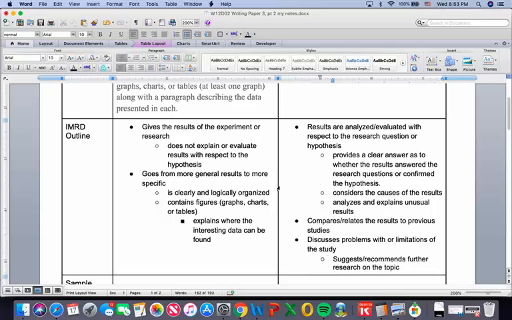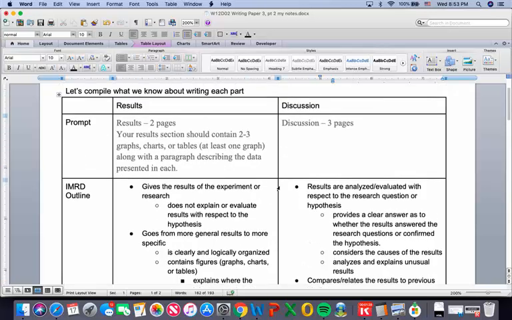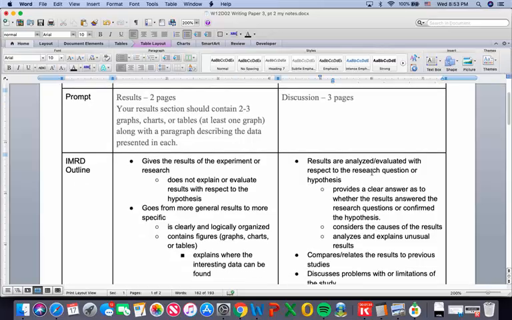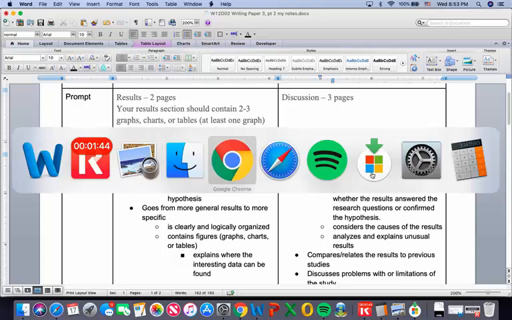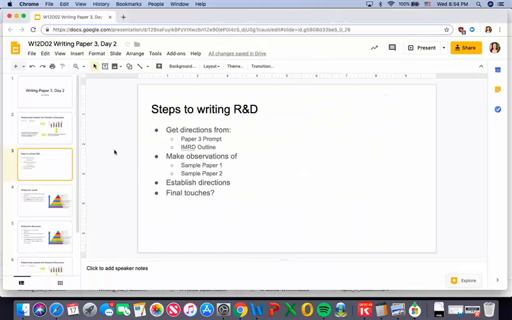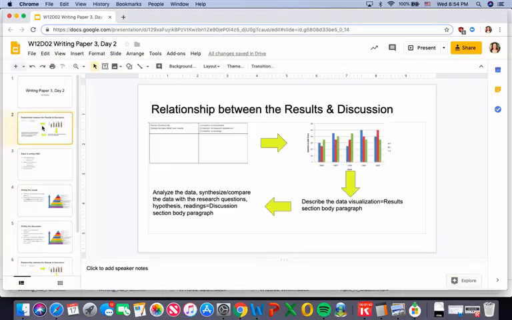Okay, so right now we have a foundation in understanding what's going to be in the results section and what's going to be in the discussion section. And this kind of echoes what we know already. At this point, I think we're mostly trying to figure out how we are going to write it. So I want to take a moment and reflect on the chart that I showed at the beginning.